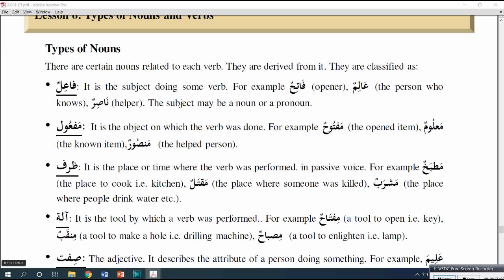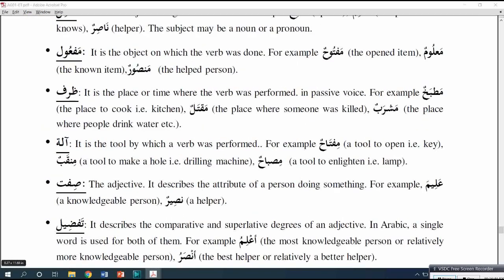So it is called in Arabic minqab, with which to drill. Similarly, misbah. Misbah means lamp, a tool which is used to give light. So this is misbah. These are the types of nouns you are using. For verbs, you have been given the examples. Now we are discussing the nouns.